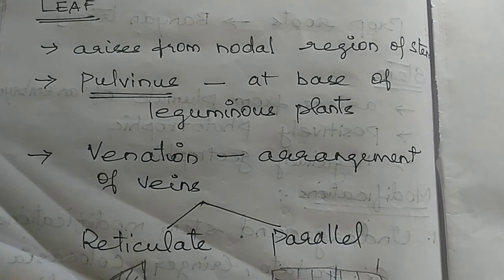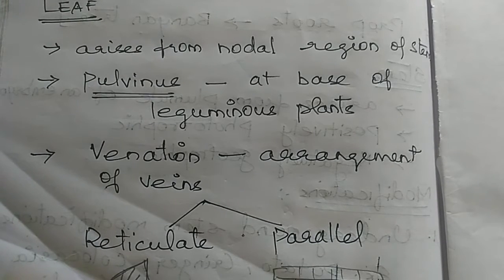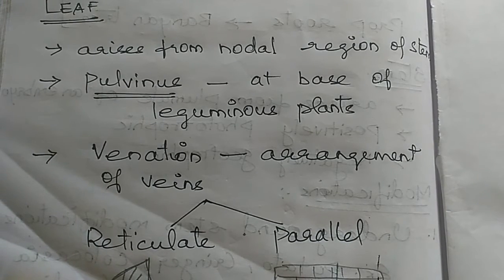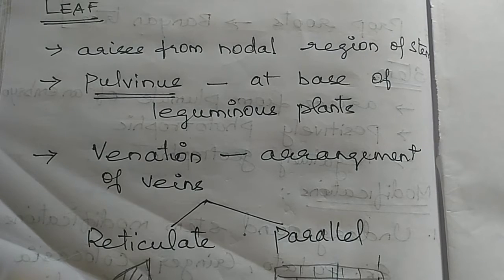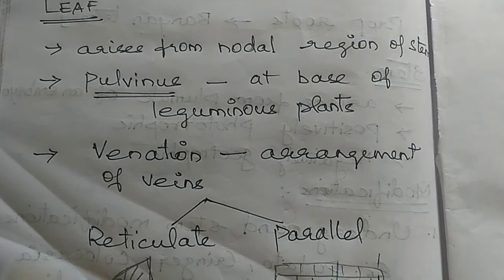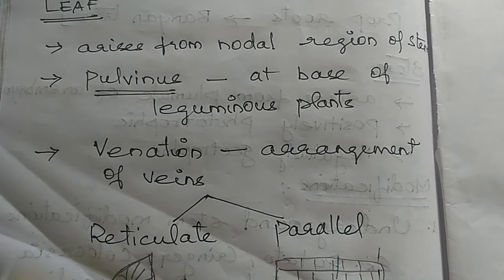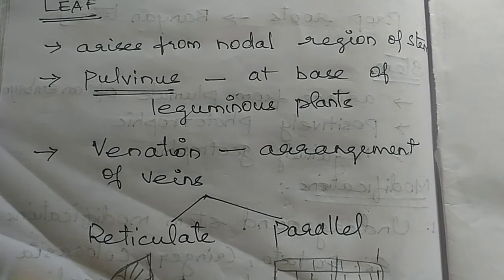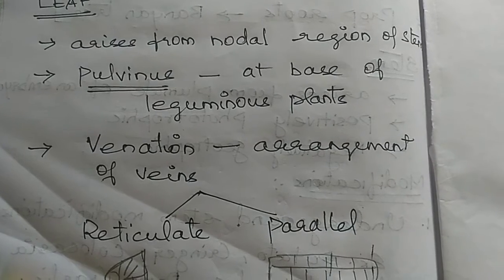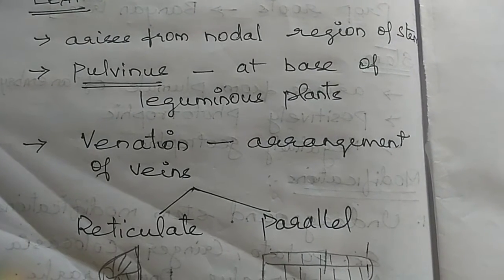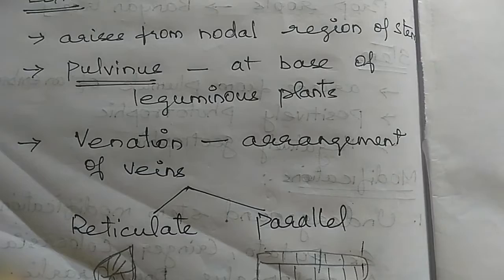And the next one, in a simple leaf you have different parts, namely the leaf blade, otherwise called lamina, and there is a midrib, and from the midrib veins are traveling. According to the arrangement of veins we have two types. The arrangement of veins is known as venation.